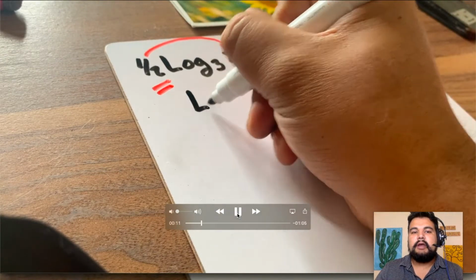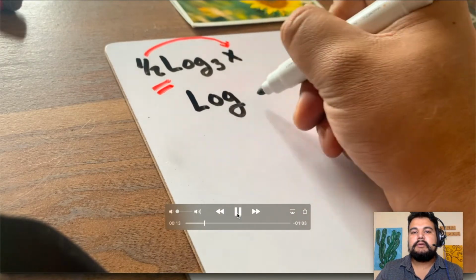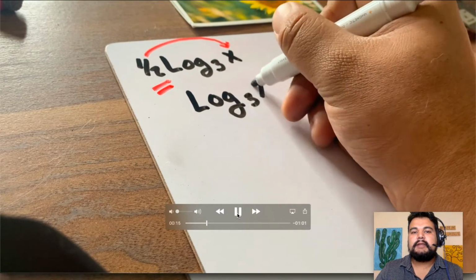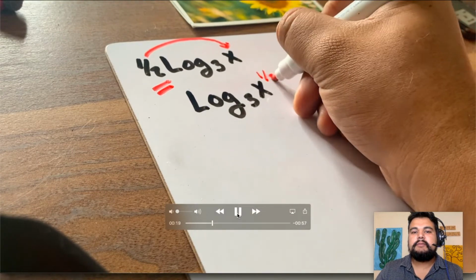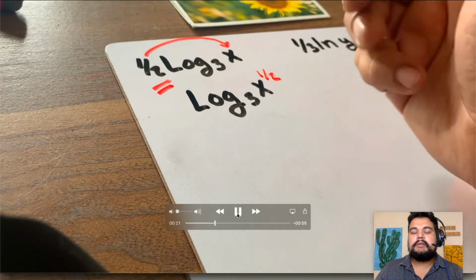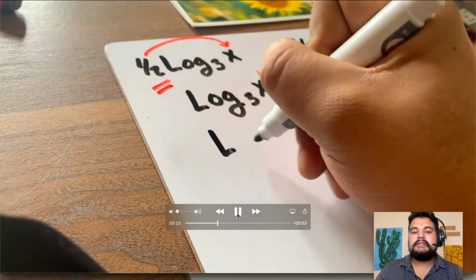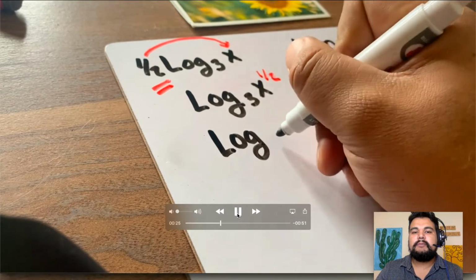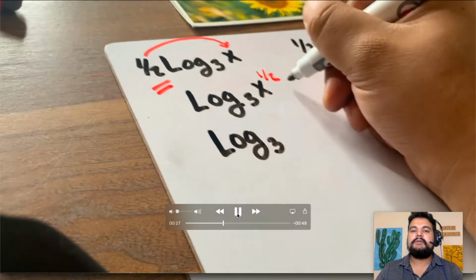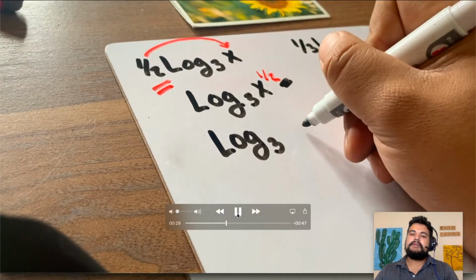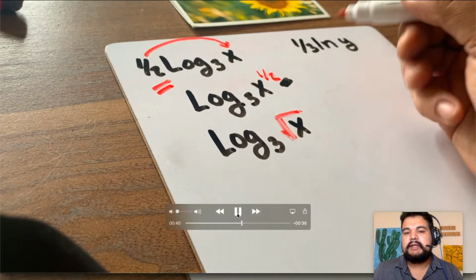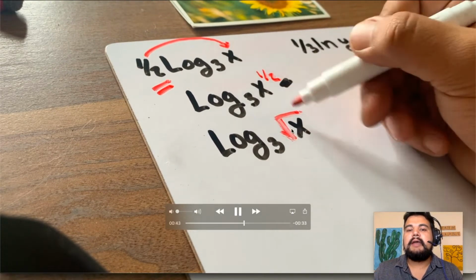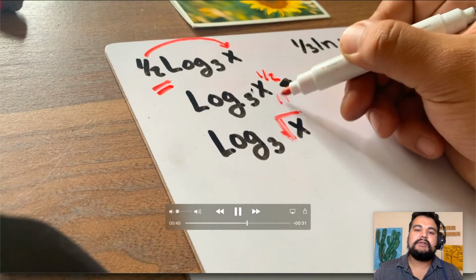So we have log base 3 of x to the power 1/2. And what's going to happen is we're going to change this from rational form to radical form. So any rational exponent of 1/2 is the same thing as the square root of x. And we do prefer to have it the second way rather than the first way.